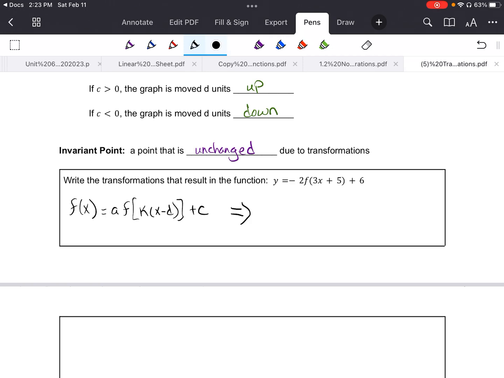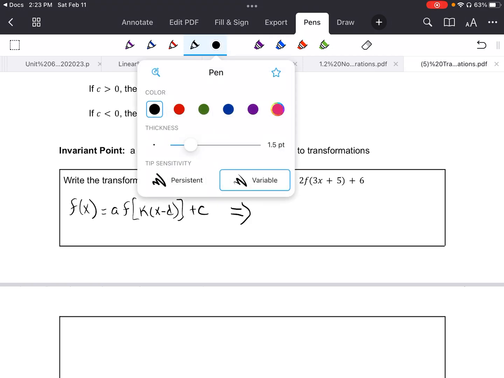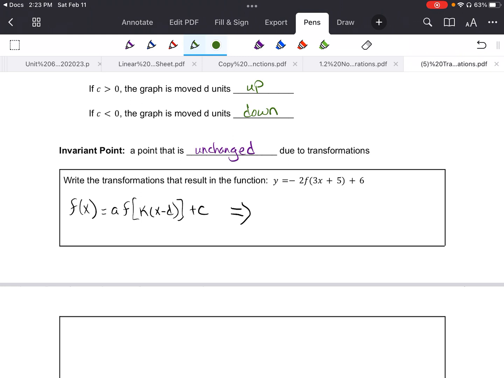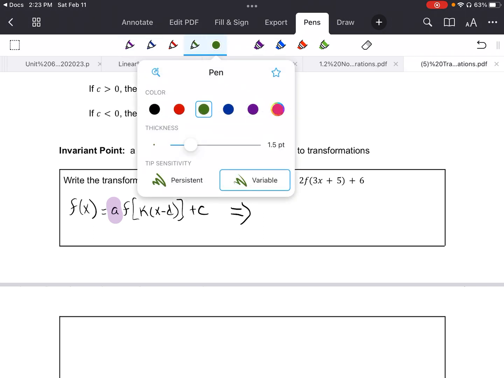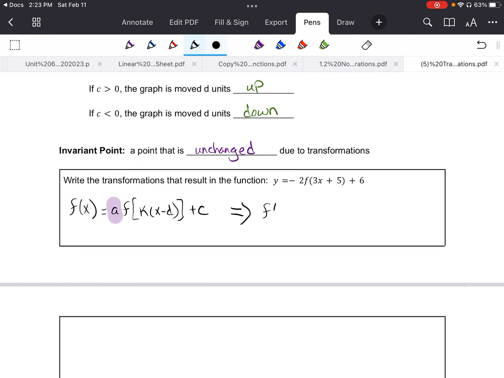And what are we going to change it into? Okay, so we have an a value. First off, write our f(x) equals. So we have an a value of negative 2.